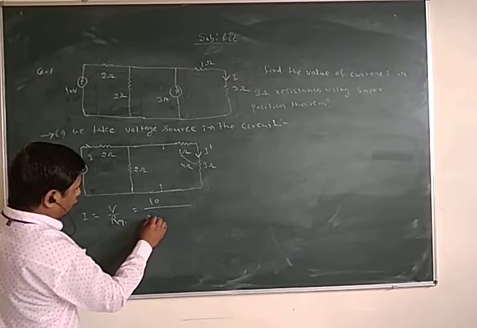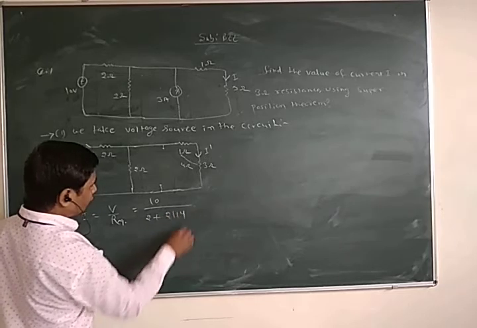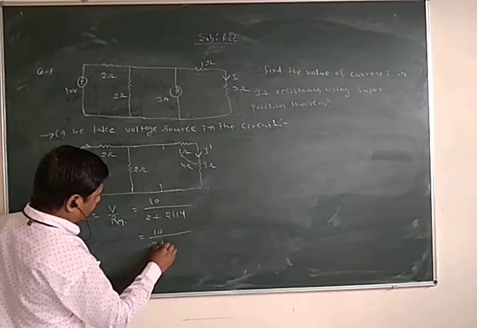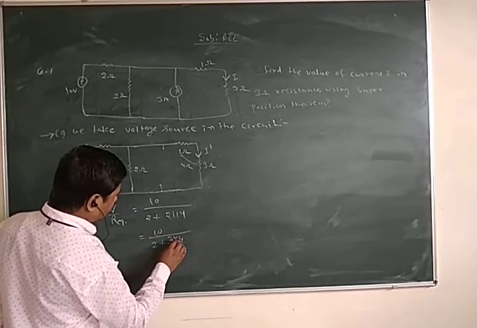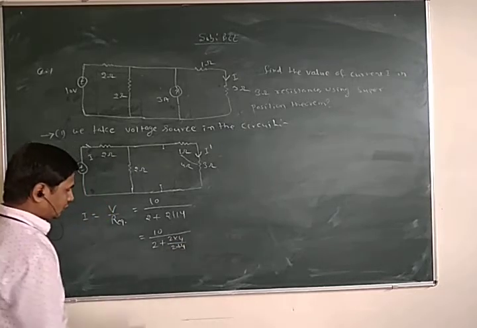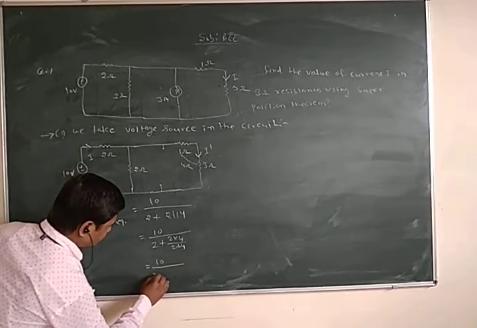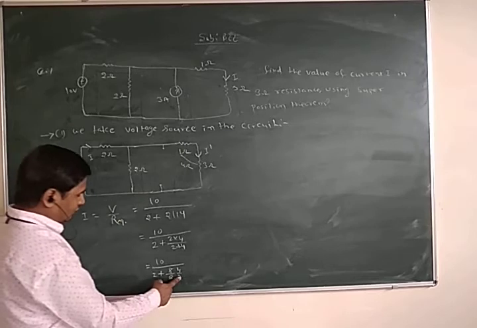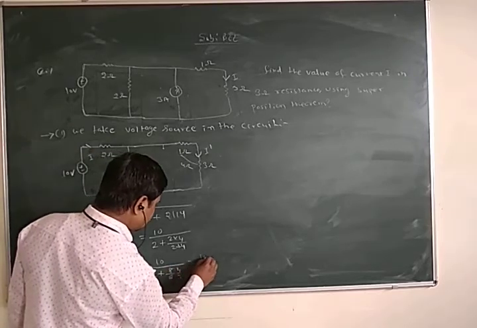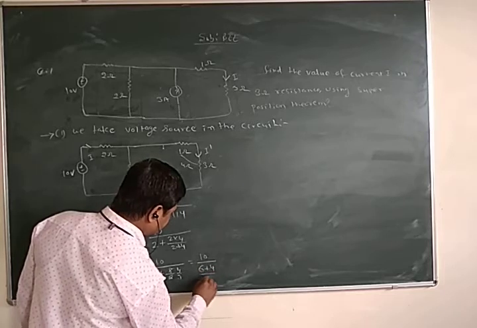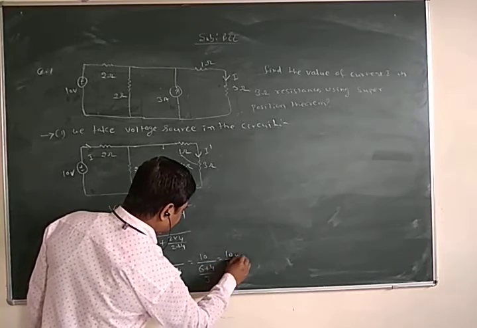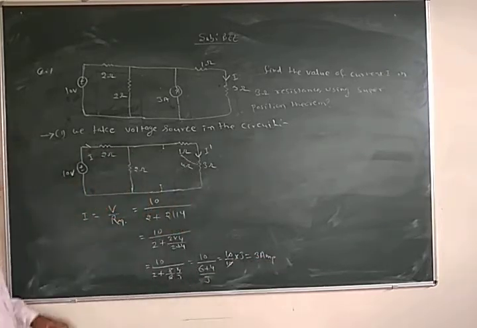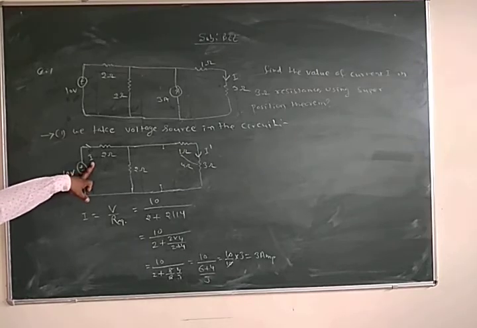So we can write 2 plus 2 parallel 4. So this is 10 upon 2 plus (2 into 4)/(2 plus 4), that is 2 plus 8 by 6, 4 by 3, so 6 plus 4 divided by 3, or 10 upon 10 by 3. This is 3 ampere.